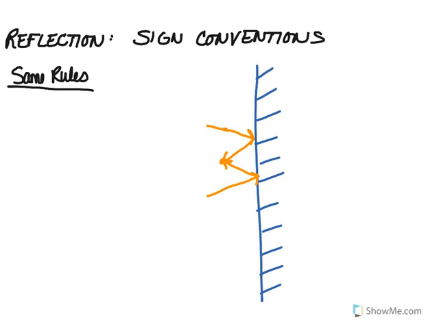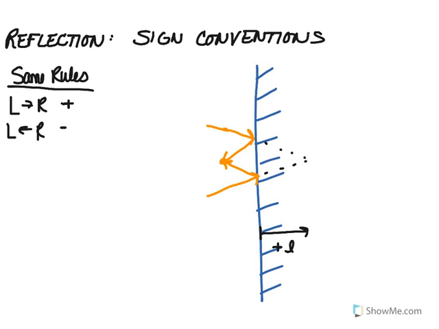So for keeping track of which rules are the same, distances that are measured from left to right are positive distances. So another example would be our object distance here would be measured from left to right, and so that's a positive L. Any distance that's measured from right to left we say is a negative distance.